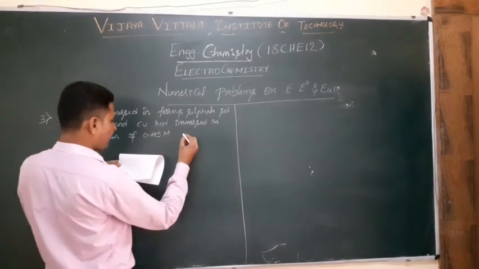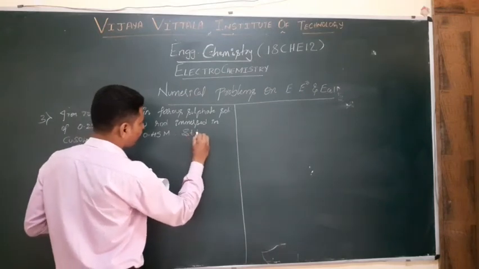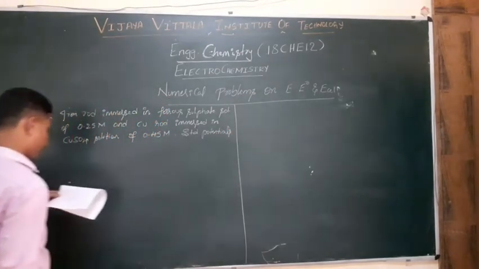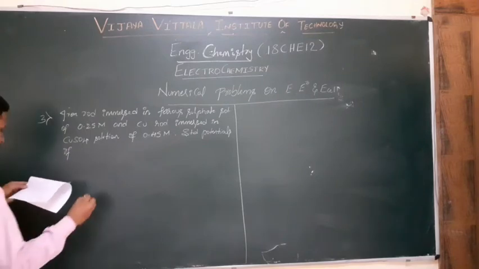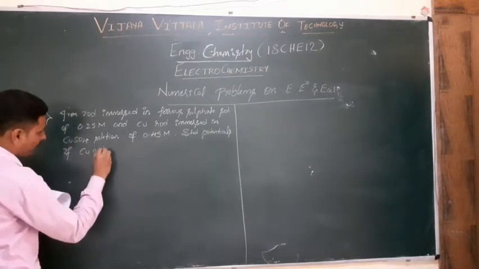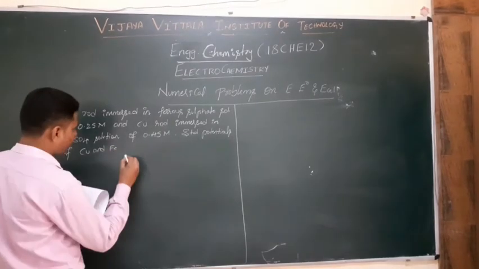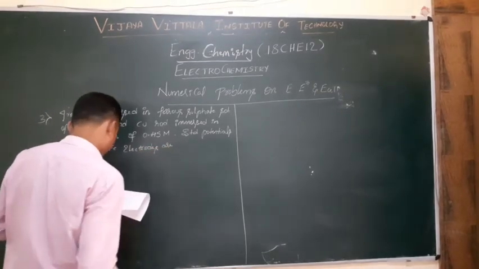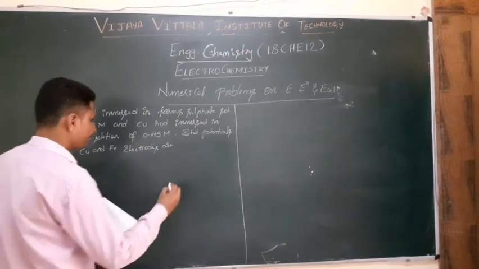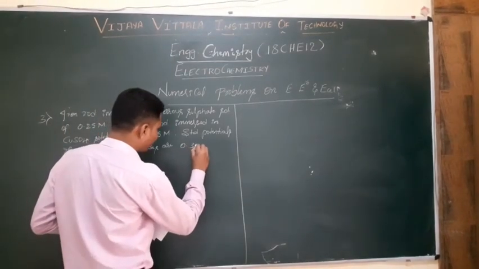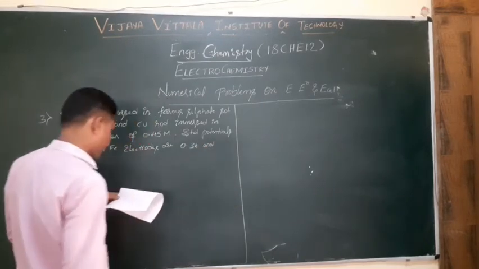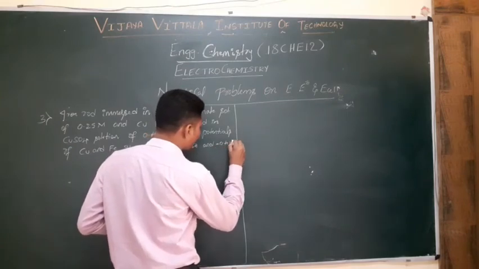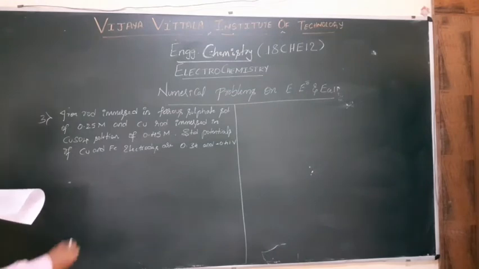Standard potentials of copper and iron electrodes are 0.34 and minus 0.41 volt respectively.